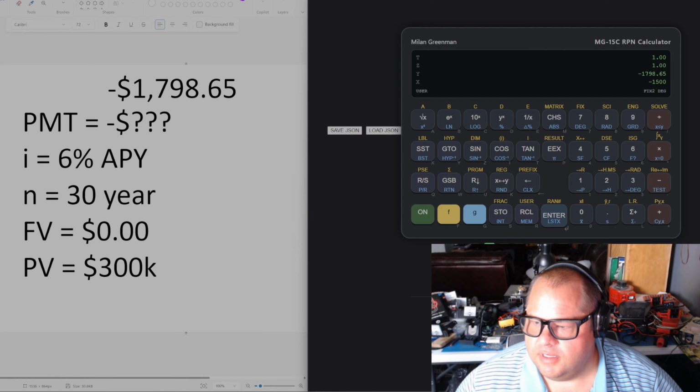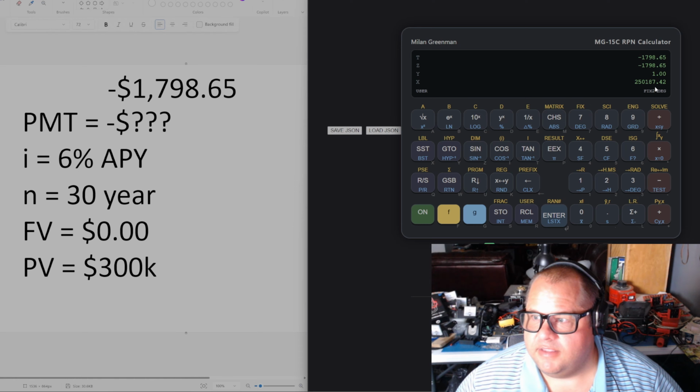So this was A, B, C, and D. So we can press D. Changes our payment memory register. And now we're going to calculate C for our present value or the initial loan value. So we press C. Notice it puts that in there. However, we're going to overwrite that when we calculate. So run stop.